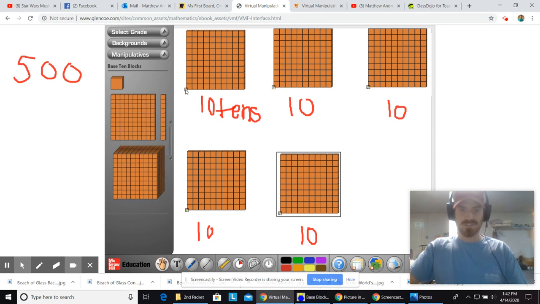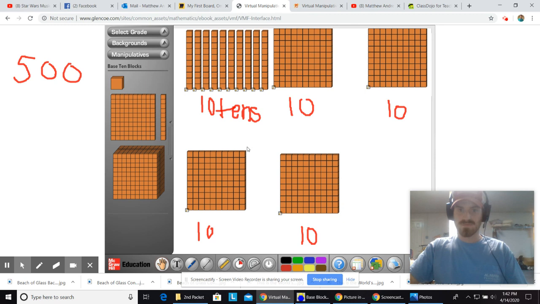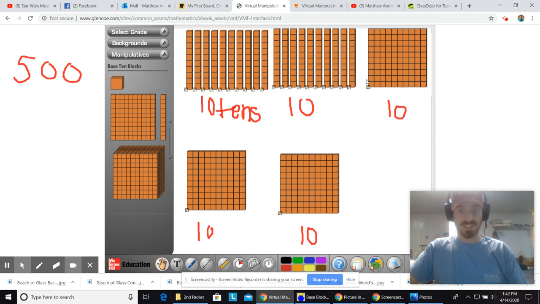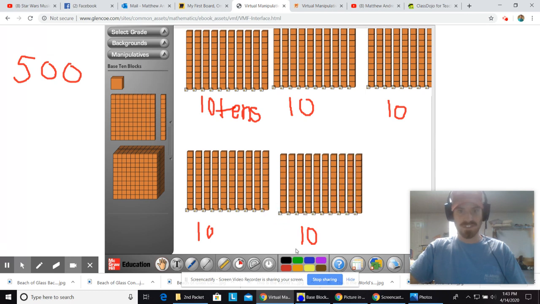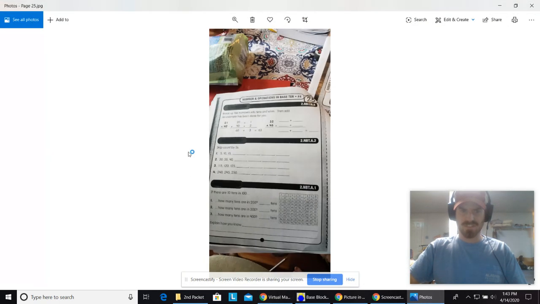Just to prove it, let's regroup. There's 10 tens. That would make 20 tens, 30 tens, even though it's a little off screen, 40 tens, 50 tens. So there are 50 tens in 500. So thinking about that, see if you can figure out how many are in 200, how many are in 300, how many are in 400.